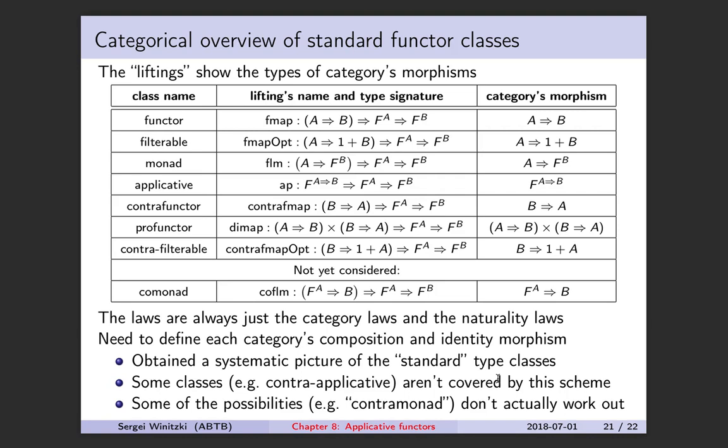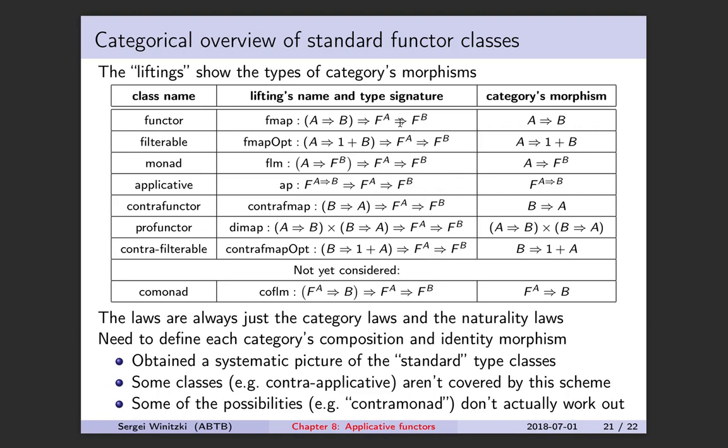Here's how it goes. Consider type classes such as functor, filterable, monad, applicative, contrafunctor, and so on. Each of these, when we considered in depth the laws for them, we found a function with a type signature that looked like a lifting.